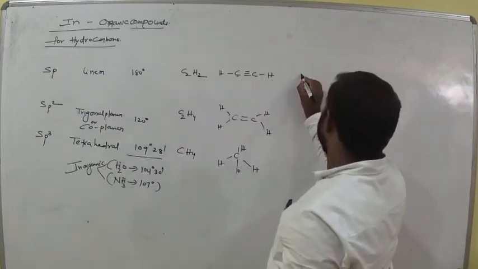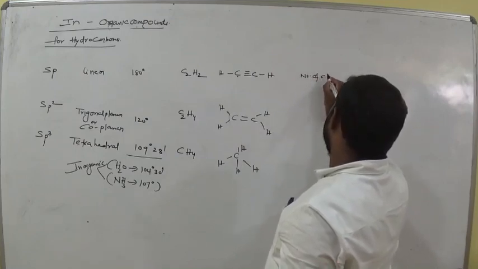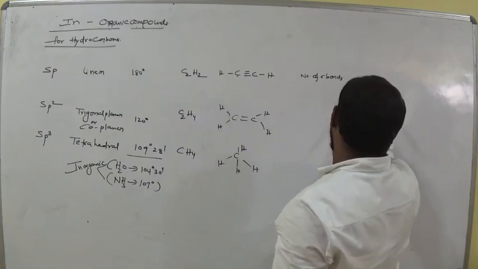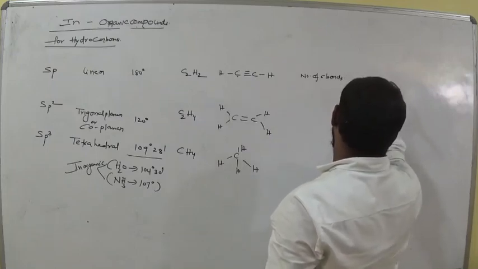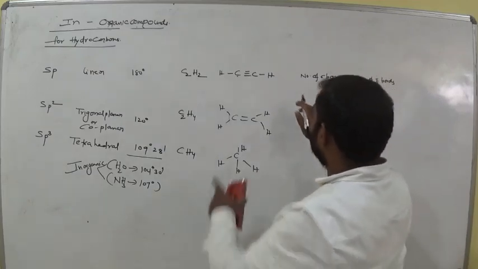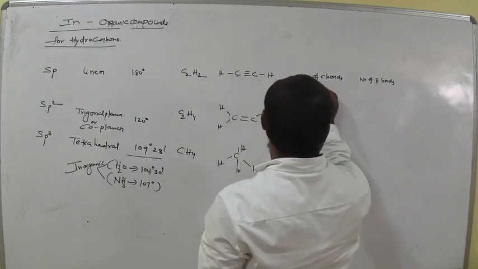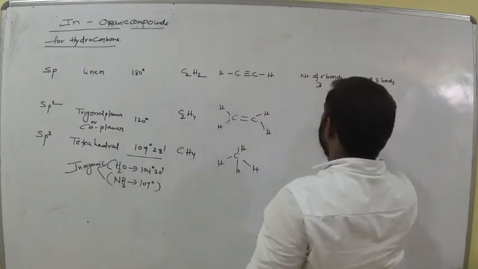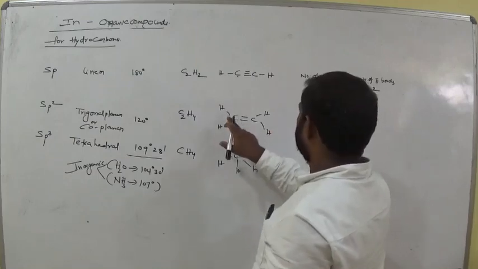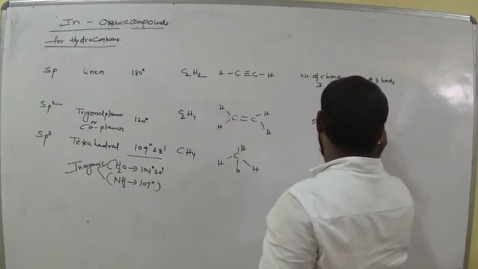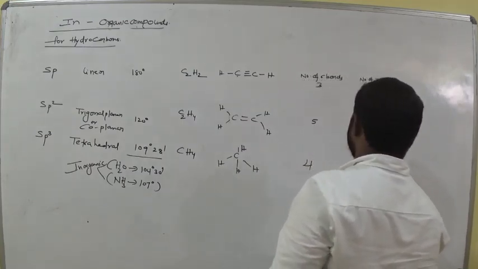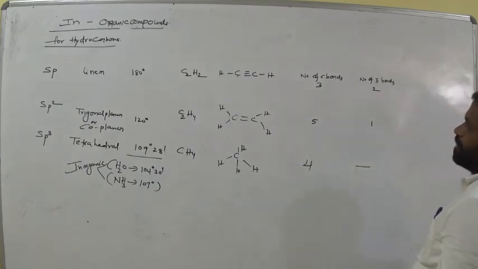Number of sigma bonds and pi bonds: for C2H2, sigma bonds 1, 2, 3, and pi bonds 2. These two are pi bonds. For C2H4, sigma bonds 5, pi bonds 1. For CH4, sigma bonds 4, no pi bonds. Okay, clear?